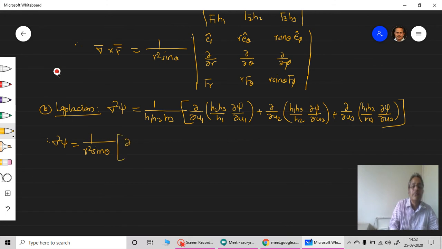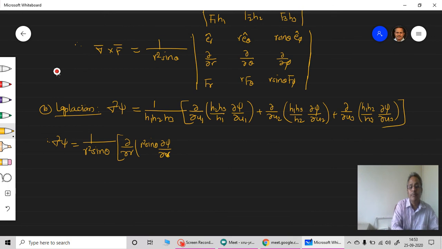In the bracket, first differential is with respect to ∂r, and here h2 h3 is r square sin theta divided by 1, so I am not writing it there, into ∂psi upon ∂r.